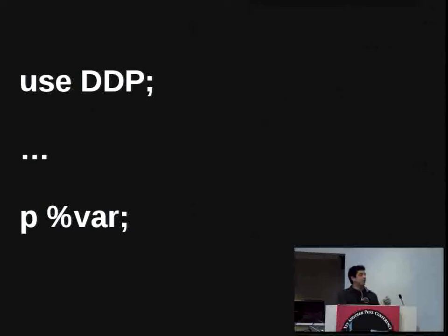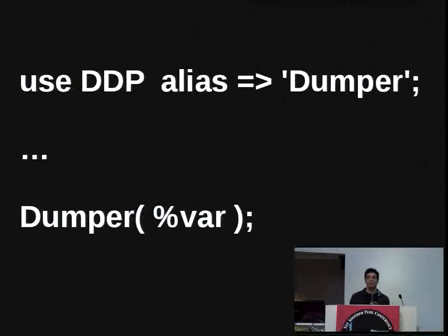So Data Printer is highly customizable. I mean, you can make it your own. For example, you can say just use DDP and print your code. But maybe you have legacy Dumper calls, and you have a lot of Data Dumper things but want to use Data Printer instead.